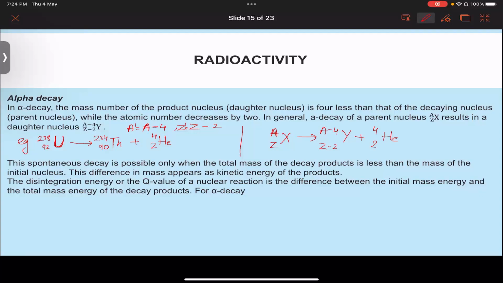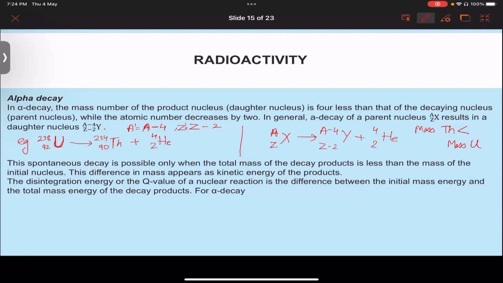So the mass of thorium plus helium is less than the mass of the uranium, and you can check this by seeing the periodic table or the table which includes nuclear masses.